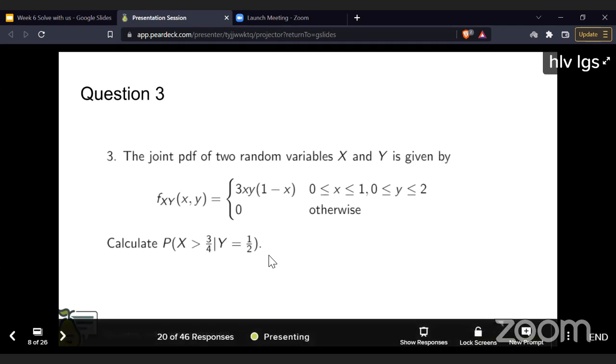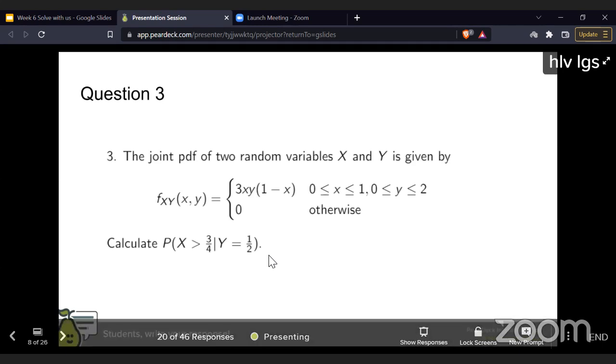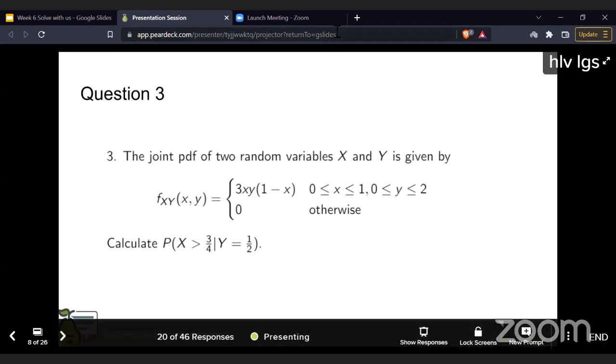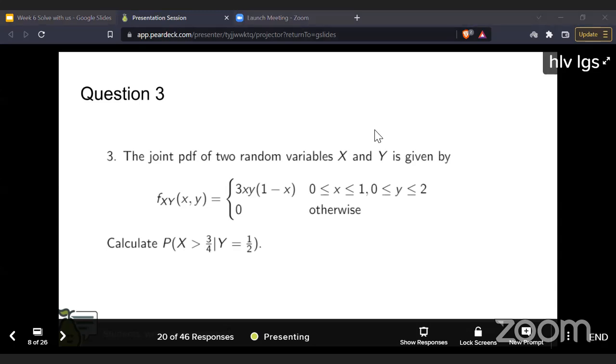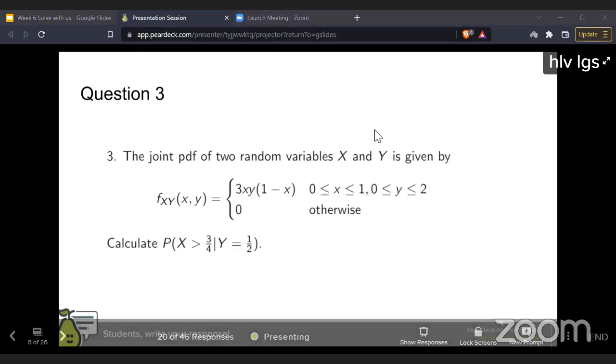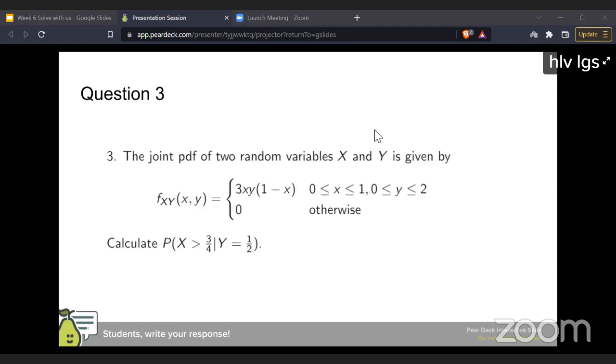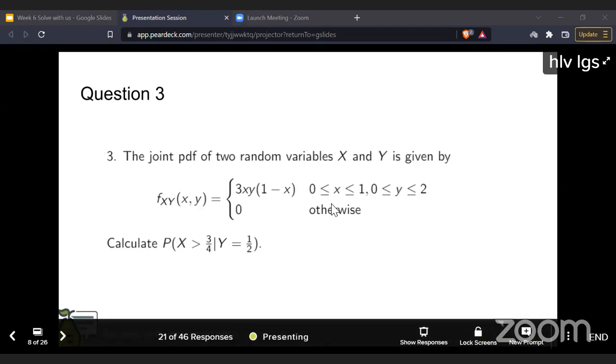So once you write it in terms of joint and marginal, what should you write? Probability of x greater than 3 by 4, comma, y is equal to 1 by 2, divided by the probability that y is equal to 1 by 2. This is the first thing that we should do here.